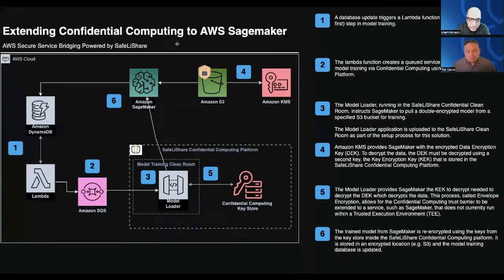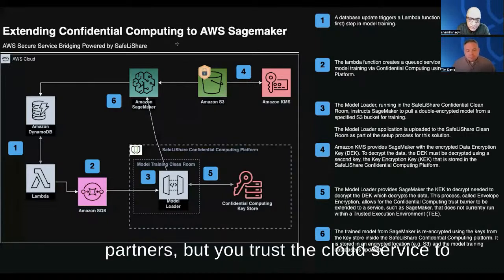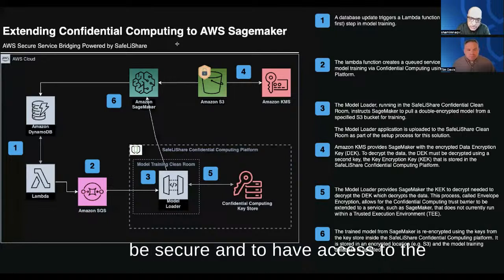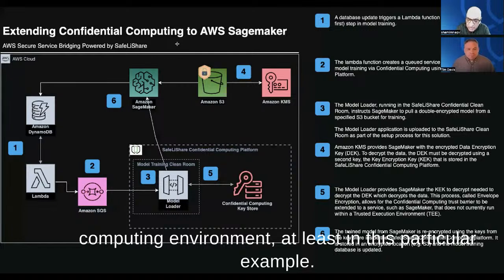You have zero trust between the two collaborating partners, but you trust the cloud service to be secure and to have access to the data, because the GPU is not a secure computing environment, at least in this particular example.